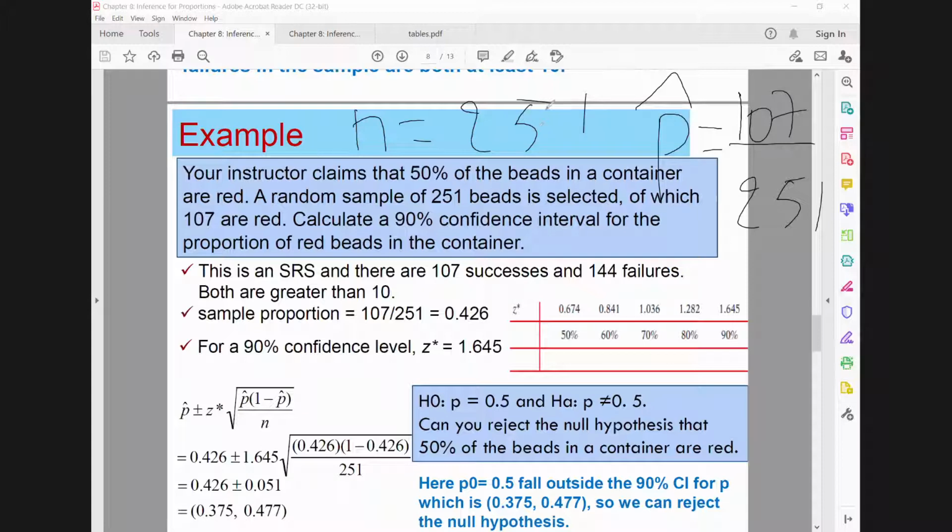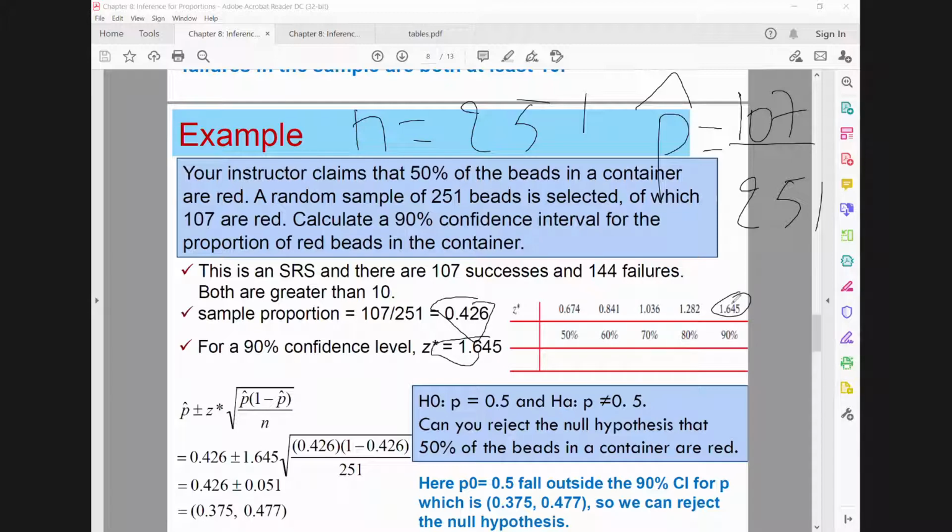Of course, p hat is equal to 0.426. Since the confidence level requested is 90%, the z-score is equal to 1.645. You know this table, it was used before also.